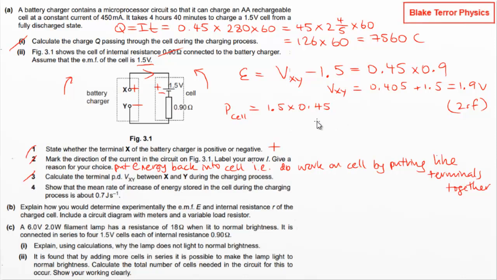So that's all we want actually, isn't it? Because they're just asking us for the power. So we're hoping that is going to come out at 0.7 or thereabouts. So we've got 1.5 times 0.45, so 0.45 plus 0.225, so 0.675 watts, about 0.7, which equals 0.68 watts to two significant figures.